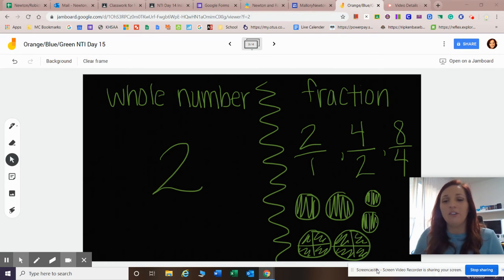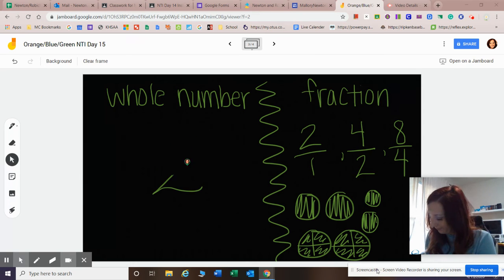Look, I still have 2 wholes, and I know that my numerator divided by my denominator gets me my whole number. I know that 8 divided by 4 gets me 2. So just think about your fraction bar as a division sign. Think fraction bar, division. Okay?